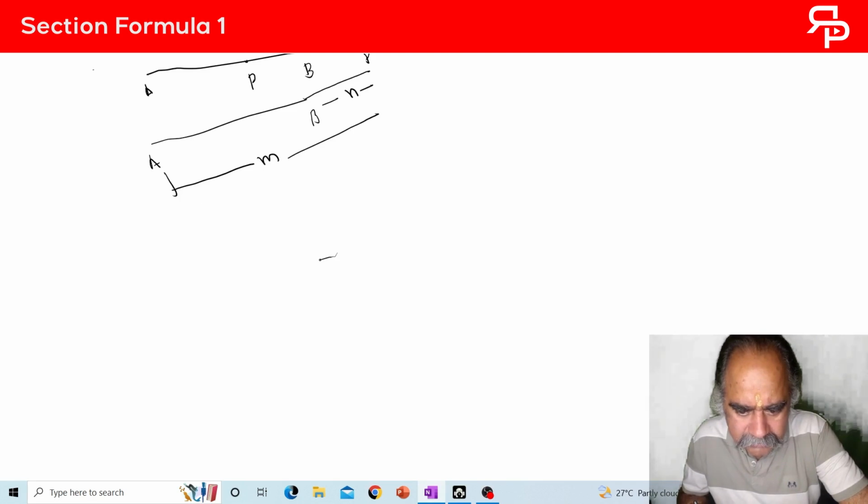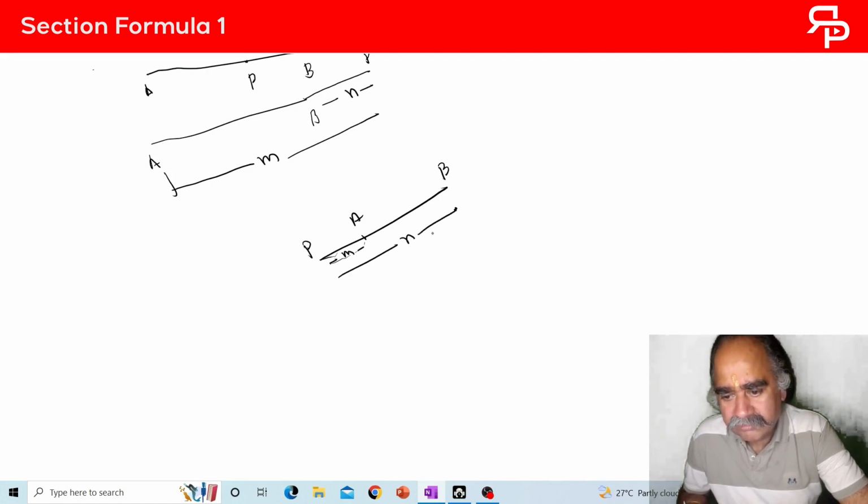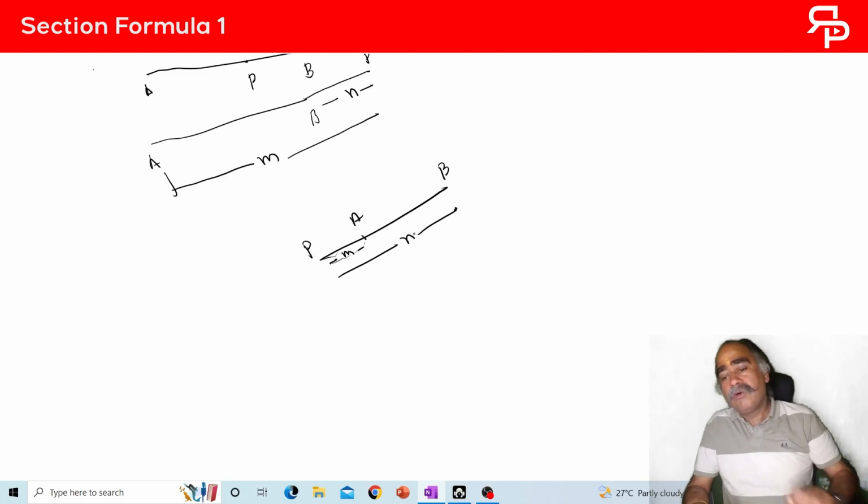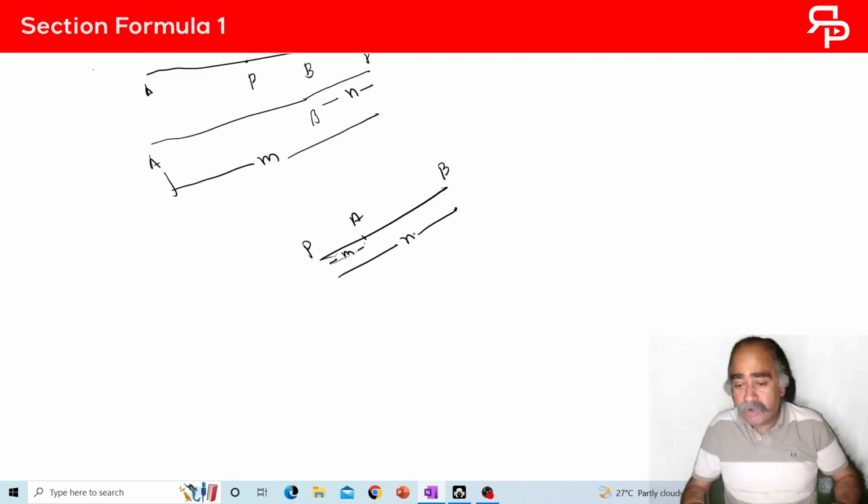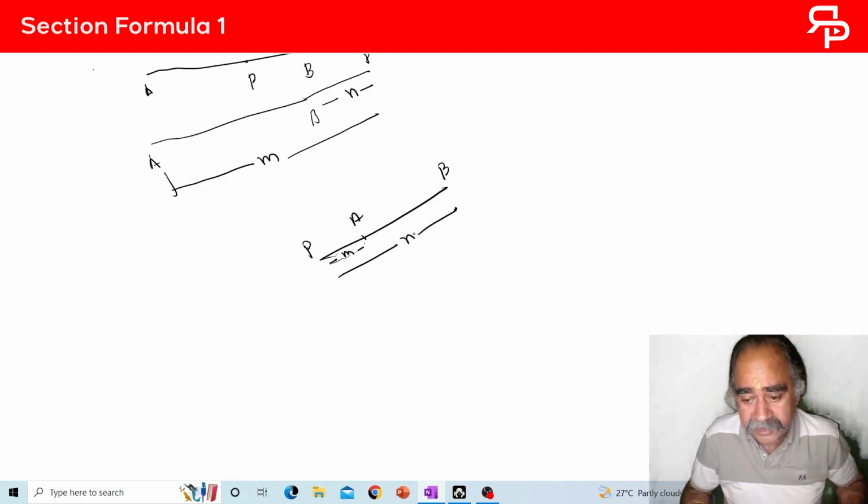See here, this is point P, this is A, this is B. So in this case also ratio is AP upon PB. AP is M, and PB is N. So before starting, you should know in what ratio point P divides segment AB, either internal or external, numerator larger, numerator smaller.